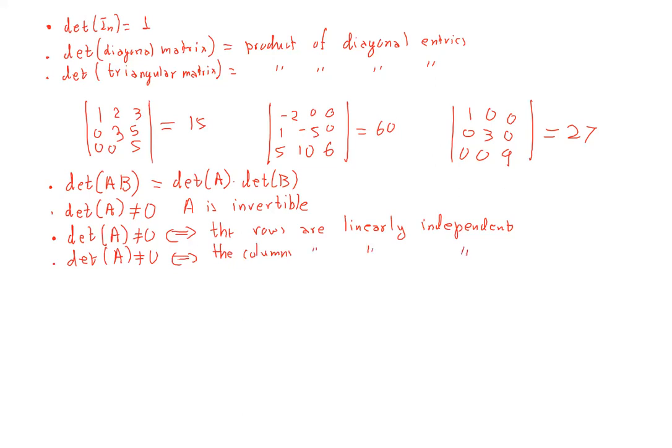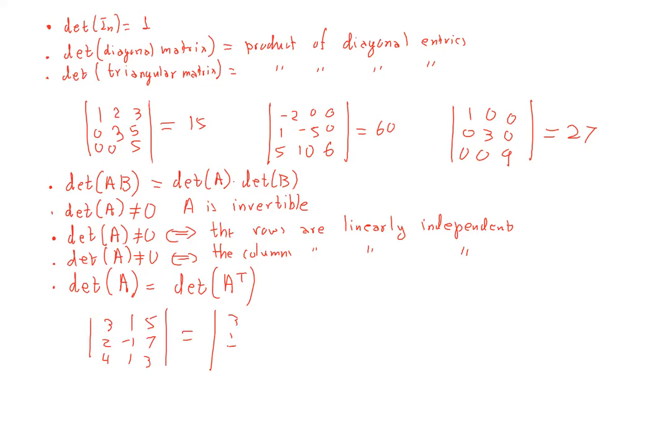You will have a very nice analogy between rows and columns. And the reason for that is that the determinant of a matrix is equal to the determinant of its transpose. That's a very useful thing to remember. So if you have, let's say, the matrix 3, 1, 5, 2, negative 1, 7, 4, 1, 3, that's the same thing as the determinant of its transpose.